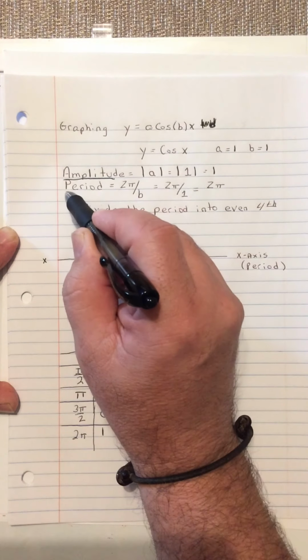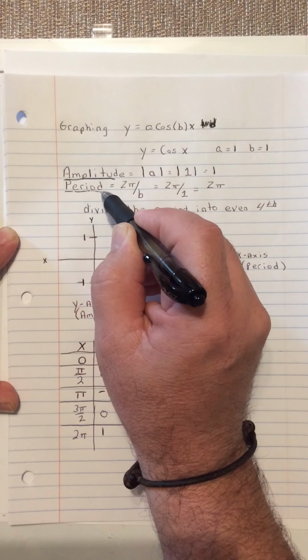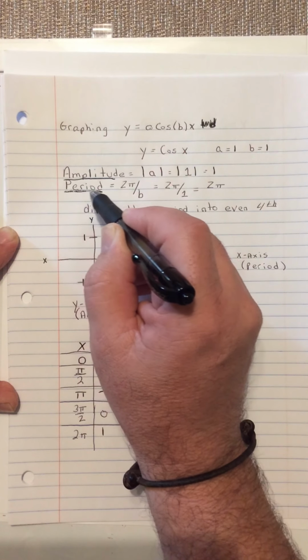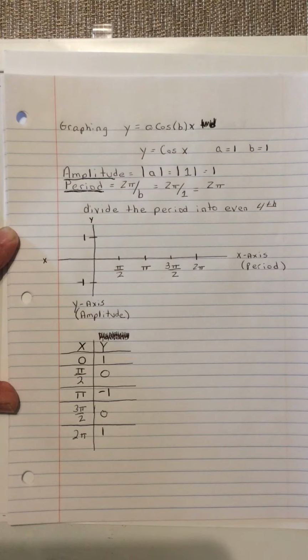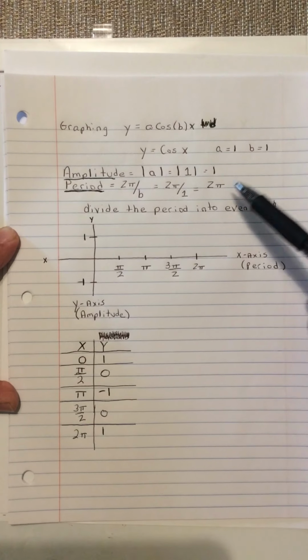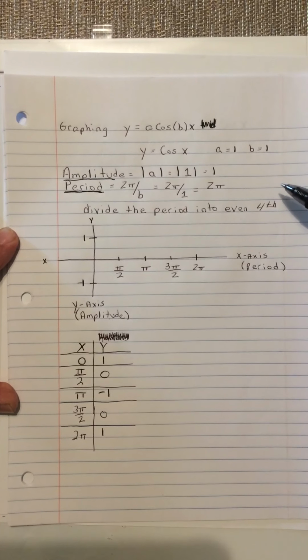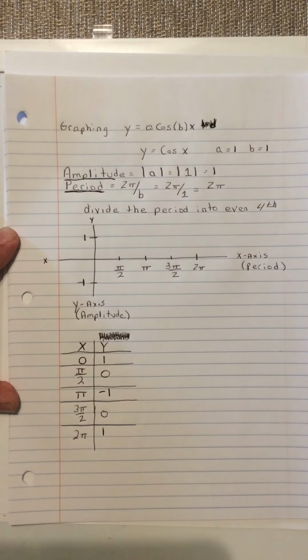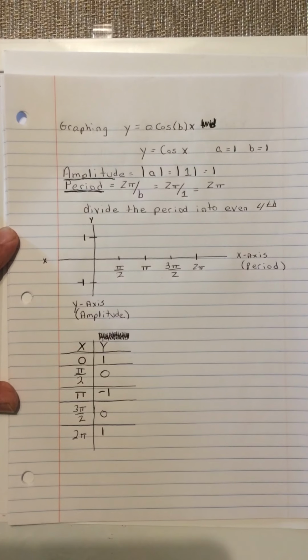And it helps me to find the length, or how long it takes one cycle to happen, or one period. And it's found by taking 2 pi over b. The reason we use 2 pi is because the unit circle, one complete revolution, is 2 pi in terms of radians.